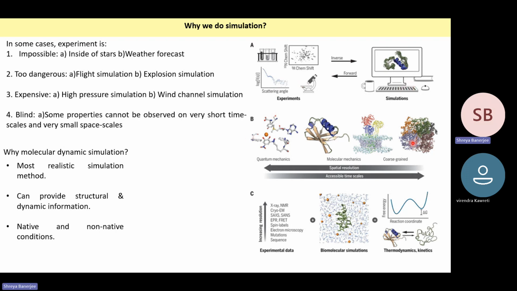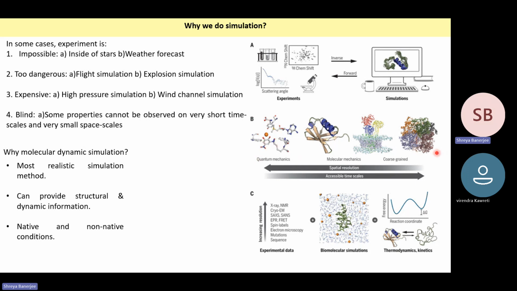And as you can see, in the 3-dimensional structure also, there are different levels of resolution. You can have a coarse grained structure of a protein, which looks something like this. You can have a fine structure where you can see each of the secondary structures very clearly. And you can have quantum mechanics level structure where there is atomic level resolution.